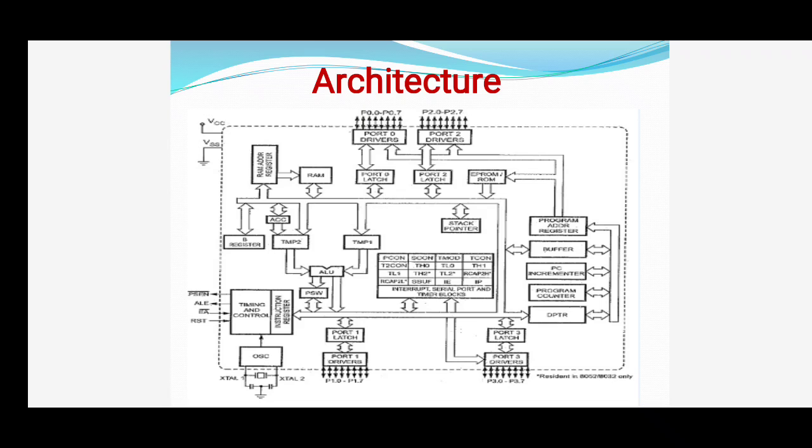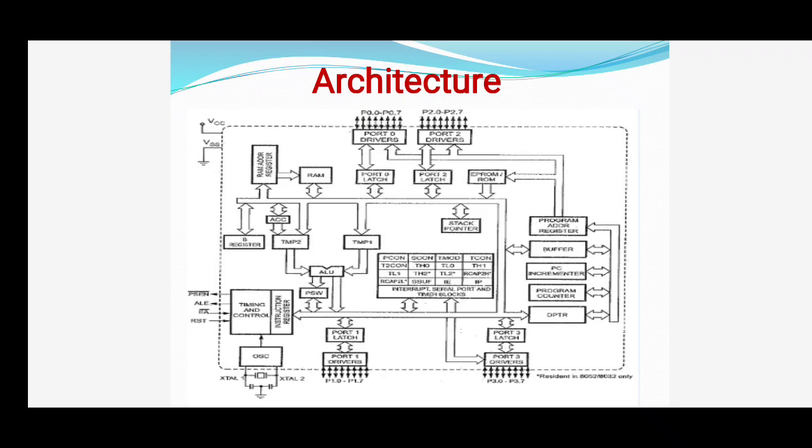Then we have the instruction register. The instruction register fetches the instruction, stores it and decodes it, and accordingly the control unit generates control signals. The on-chip oscillator is also shown in the figure, connected to an external crystal to provide clock to the system.